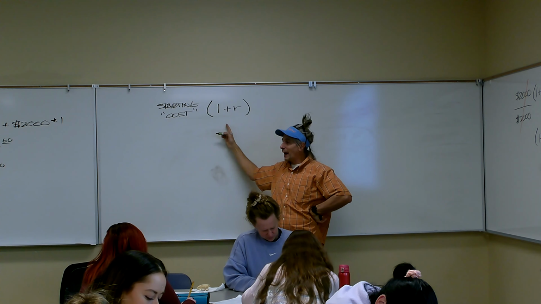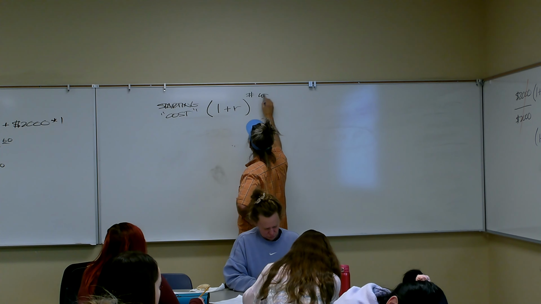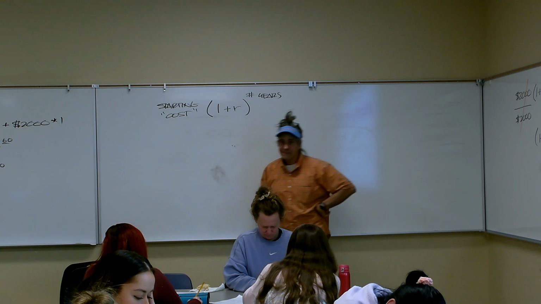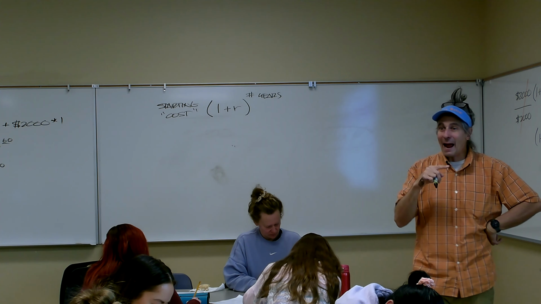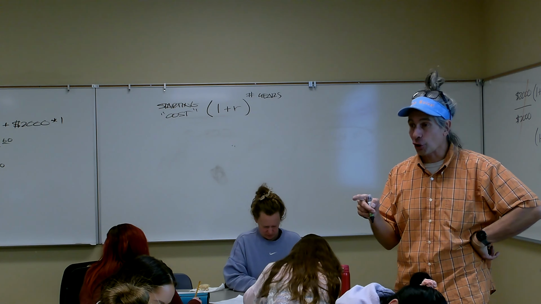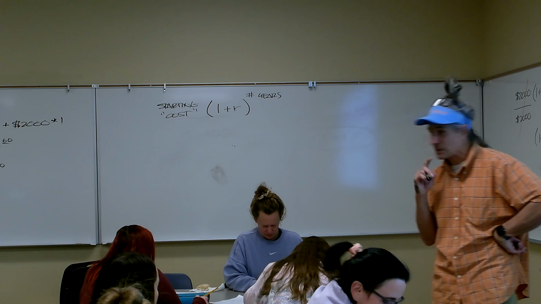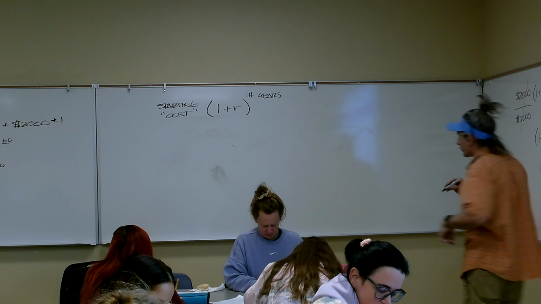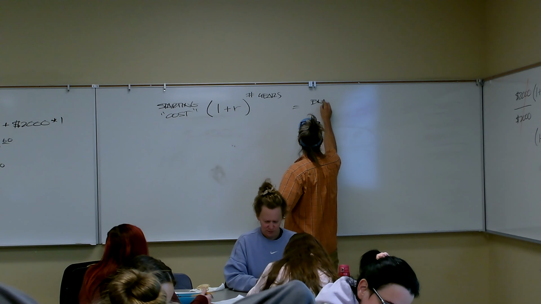But we have to apply that annual inflation however many number of years there are. In the warm-up, we only did it 2 years. Now we're going to do it 30, because we're going from 1985 to 2015, a span of 30 years, yes? And that's going to equal the ending cost.